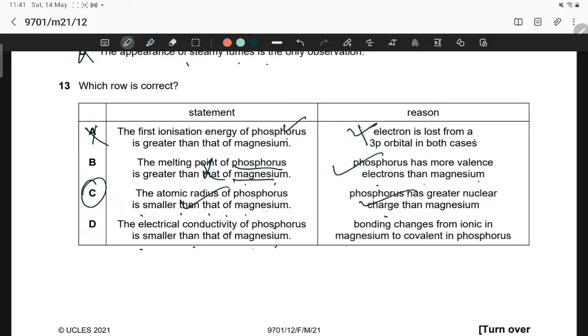Phosphorus is a non-conductor of electricity, so it is incorrect. Bonding changes from ionic in magnesium to covalent in phosphorus. This is also incorrect.